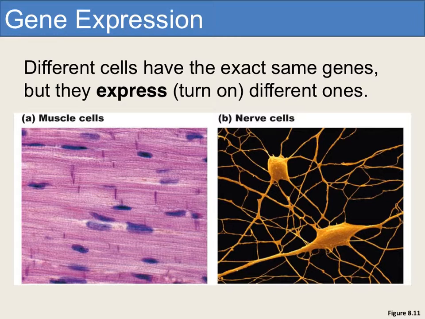But each of these cells has different functions. A muscle cell has much different functions than a nerve cell. They both have a nucleus, can't really see it in a nerve cell, but they look different. They're made up of different versions of proteins and amounts of proteins, and they work differently, they function differently.